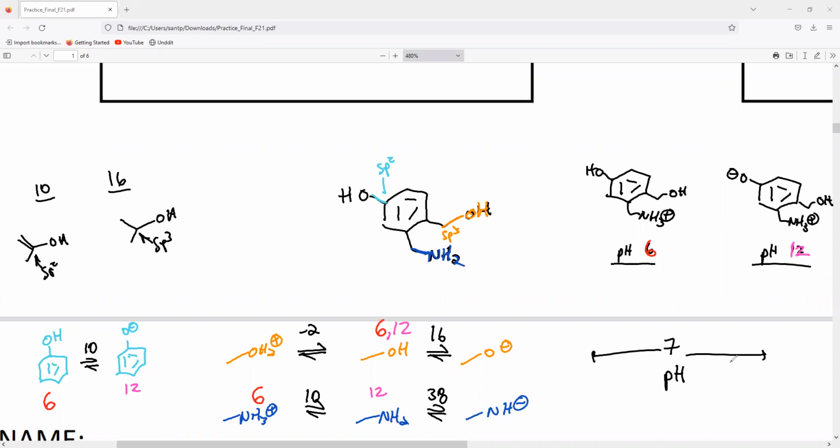So 7 isn't going to always apply, because some groups have their ionization at 16, 38, 10. pKas make things a little trickier than just saying that 6 is an acidic pH and 12 is a basic pH. Oh, sorry, I drew this wrong. That should be that.